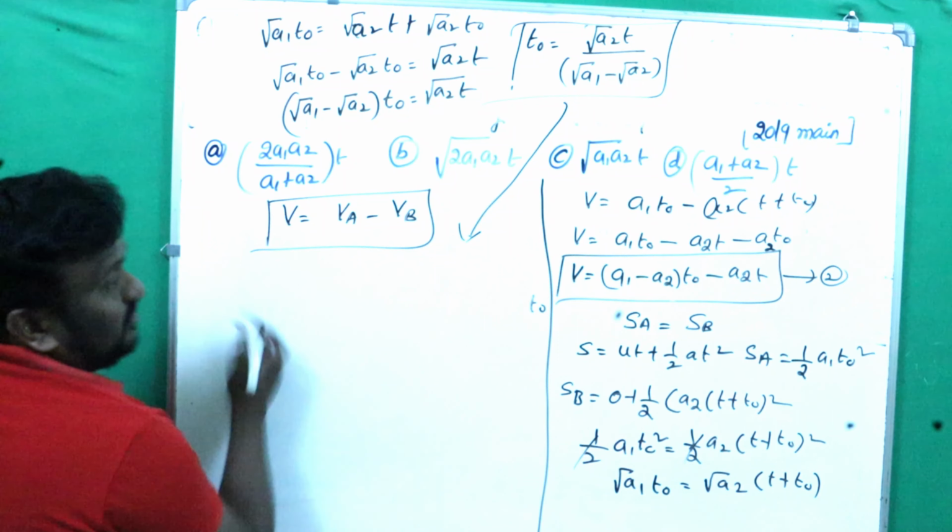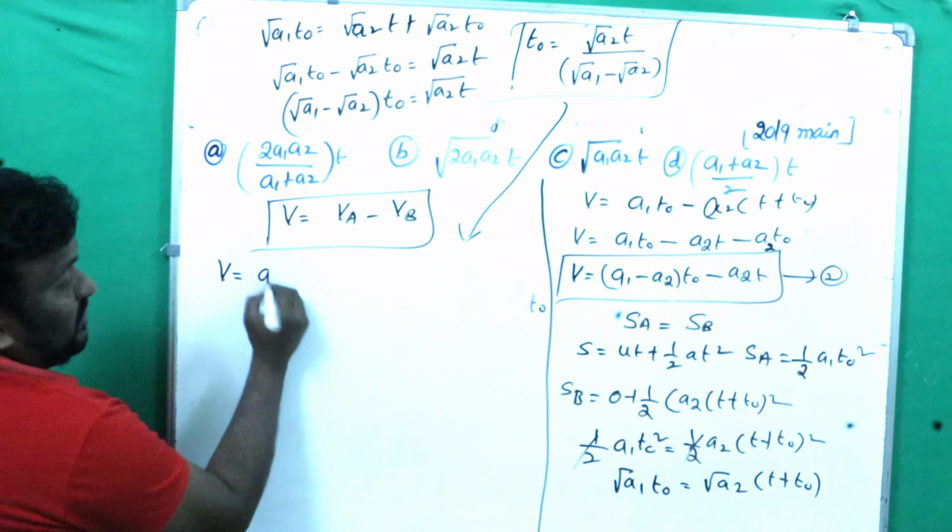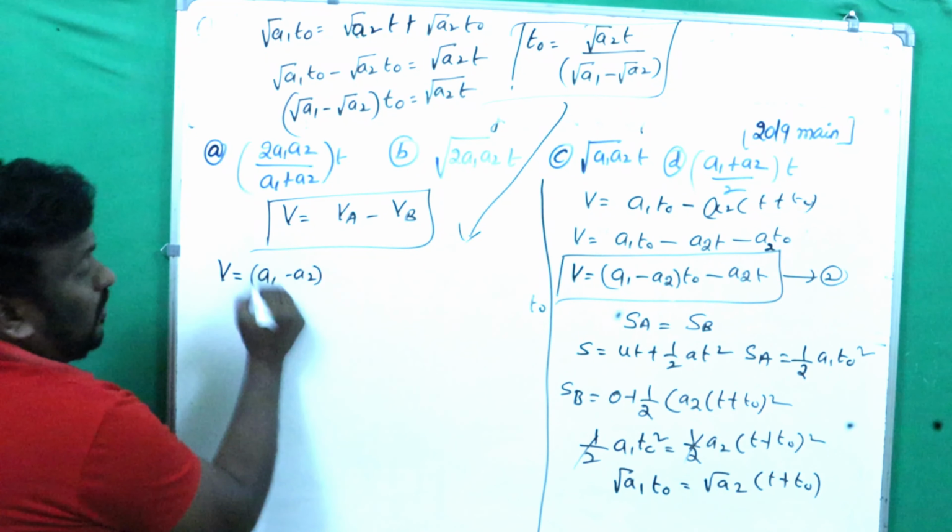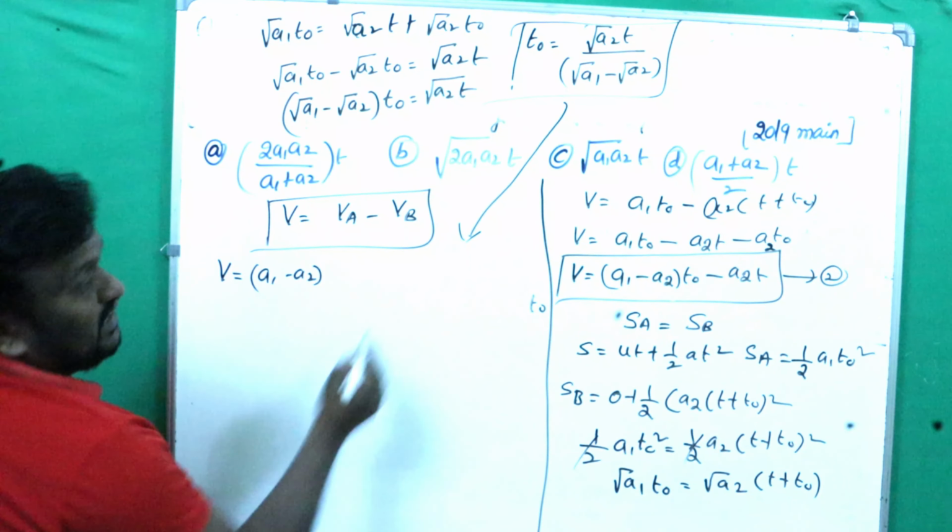Then what we get here? v is equal to (a1 minus a2) t0. What is t0? Root a2 t by (root a1 minus root a2).